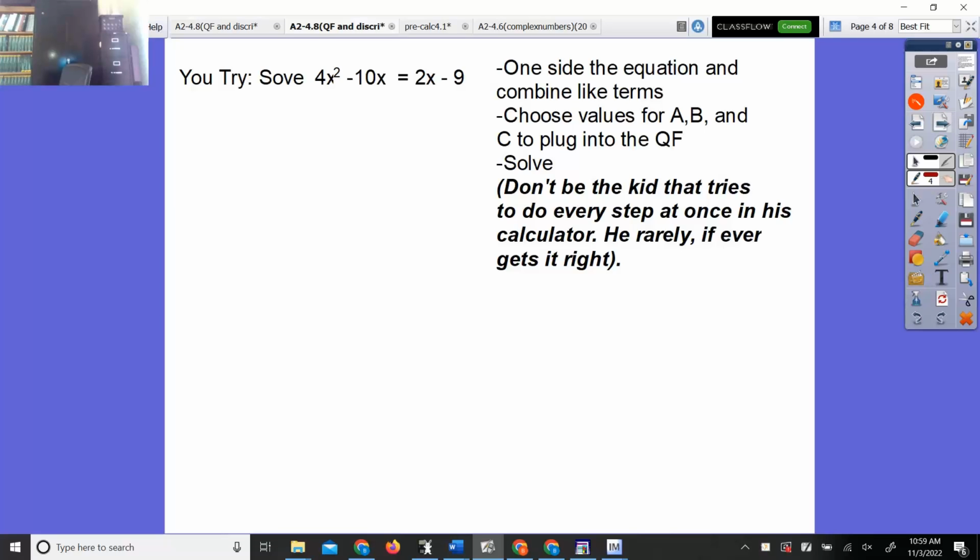Use a calculator if you want, but you don't want to do that right now.